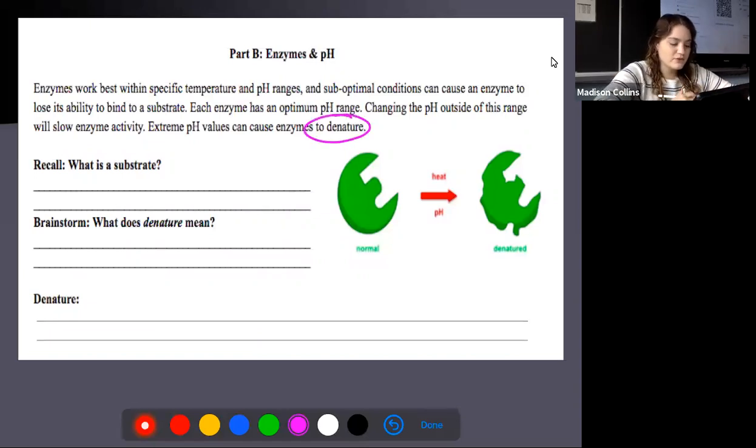So before we move on further, I do want you to recall, what is a substrate? So pause this video, answer what is a substrate, and then press play. So if you remember from one of our last videos, the substrate is going to be the piece that connects. I'm going to do this in a different color, actually. The substrate is the molecule that attaches to our enzyme.